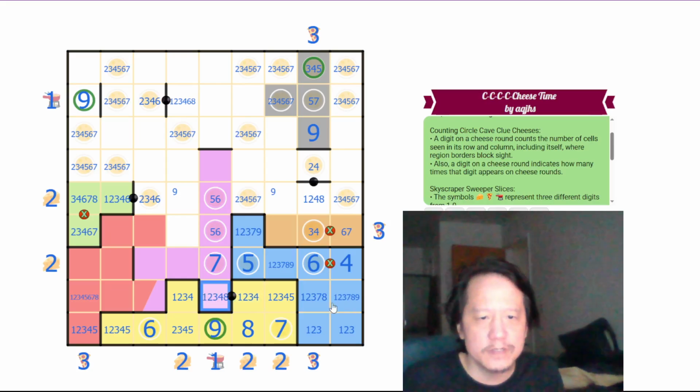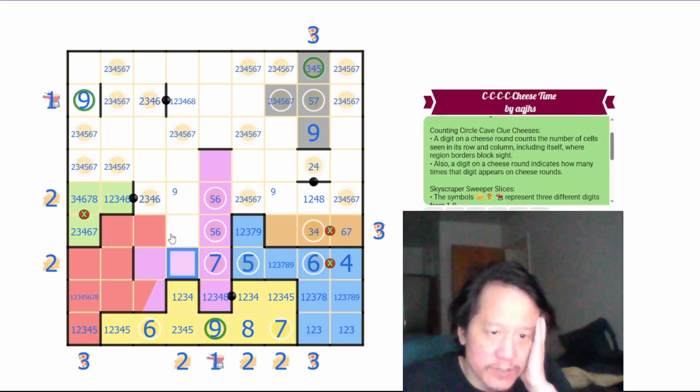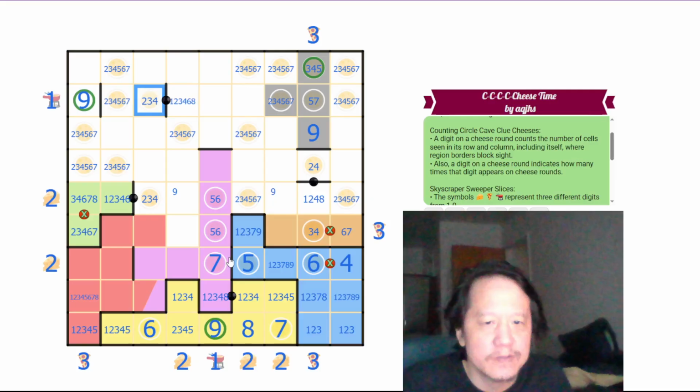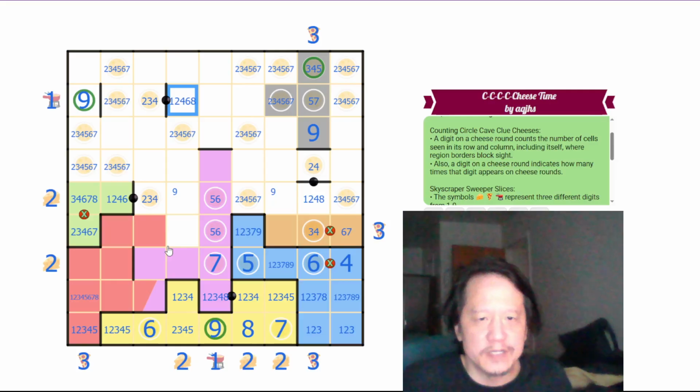No 6 here because of the 5, 6 pair in the column. This is fine too. I was hoping again this would lead to a contradiction, but not right now. So 6 can't be either of these, which means these can't be 3 to be in a 1 to 2 ratio.